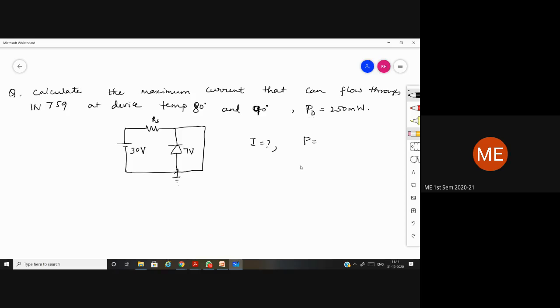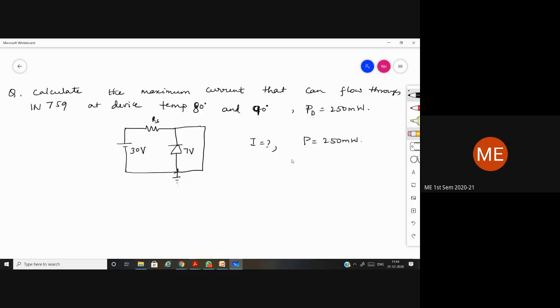That means power is given, so it is 250 milliwatt. So now they are asking for Iz max.